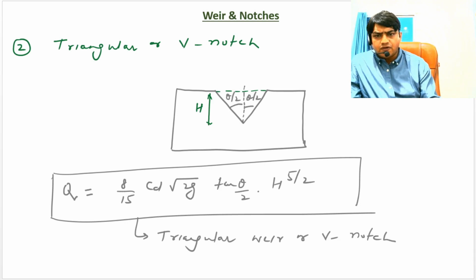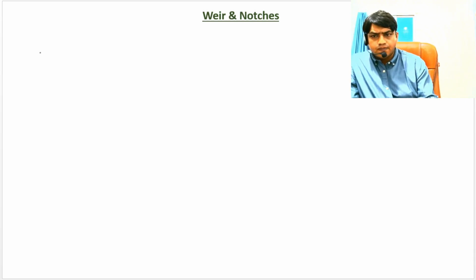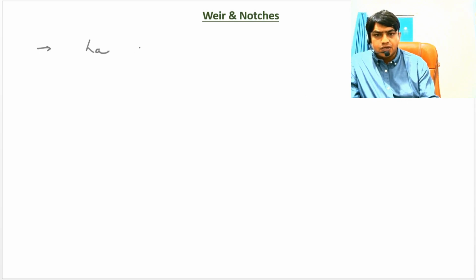If the velocity of approach is also taken into account, let HA be the head due to the velocity of approach. So HA can be written as VA square by 2g.